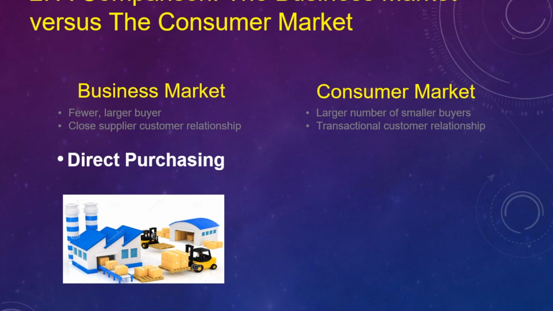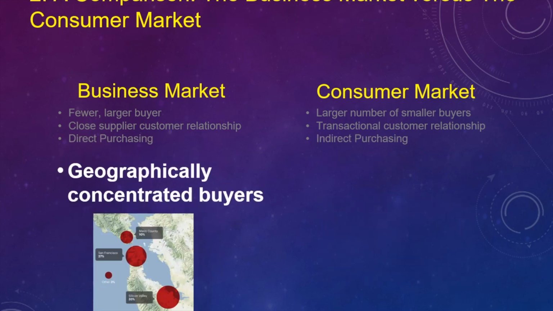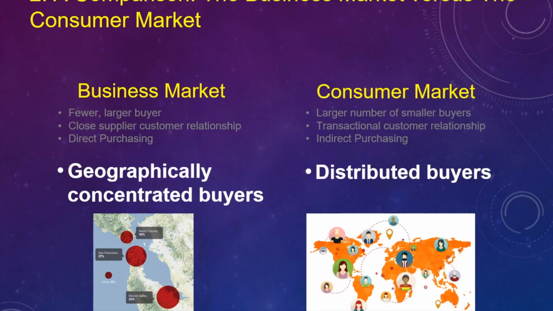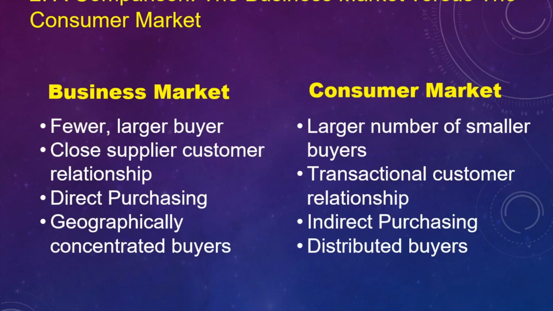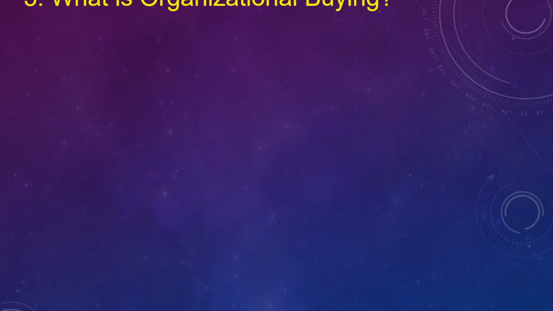Buyers in the business market often buy directly from manufacturers, while consumer market transactions are normally through intermediaries. And lastly, business markets have geographically concentrated buyers to help reduce costs, while buyers in the consumer market are distributed. This summarizes the comparison.